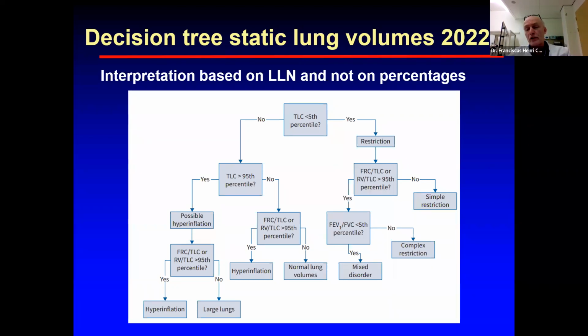Formerly, in the 2005 task force, we stated this is a physiological variant. In these new guidelines, we still say so. The person might have very big lungs, having this very large FVC, and FEV1 might still be higher than 100% of predicted. So a positive z-score.